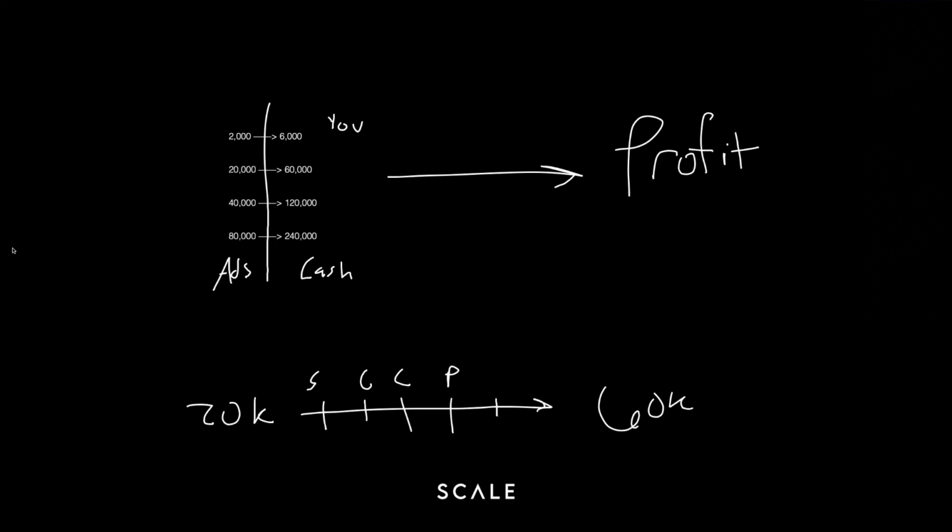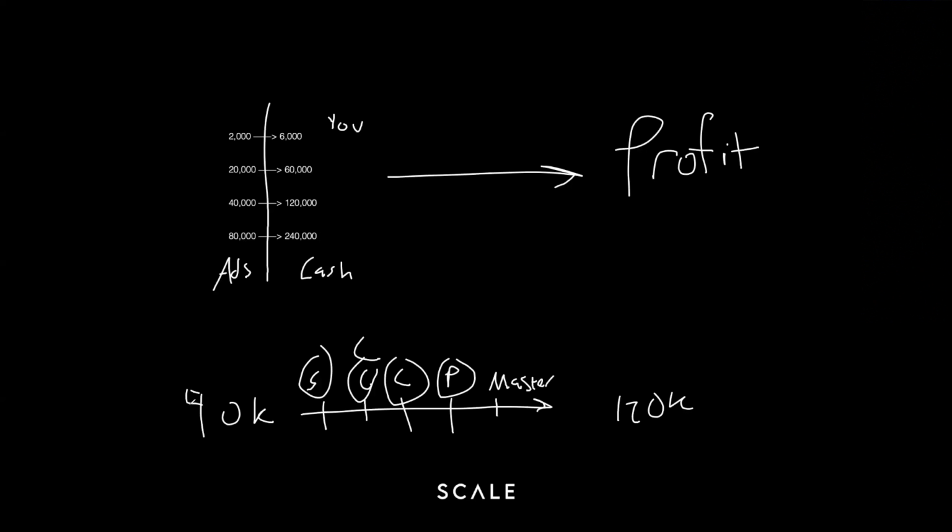It's so fun because then you literally just turn up ads and you go from 40K to 120K. And what is this? A setter, a closer, a coach, processes, maybe two closers, right? Maybe a mastermind, right?